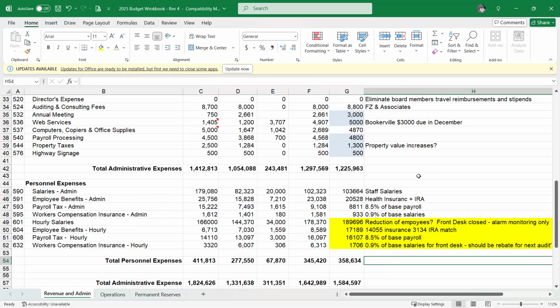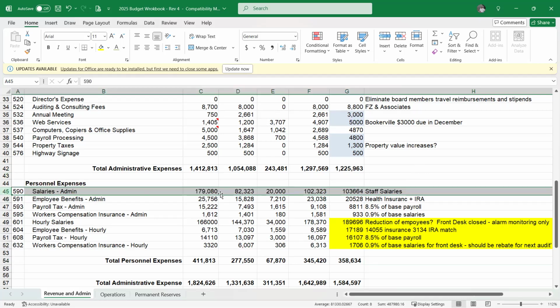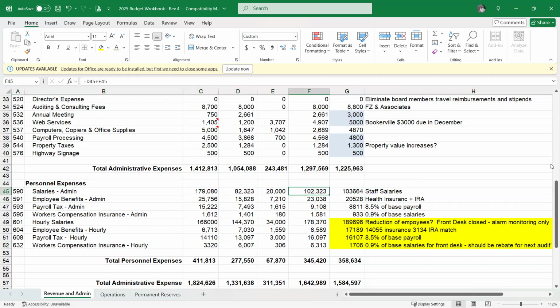Can I tee up one thing, Joe, on 590? I think it's 590. One thing that we don't have, and we had last year and we didn't this year, is a general manager. And you look at the line there. We budgeted 179,000, and that included Paige Coleman, who resigned. So we will have spent a whole lot less.